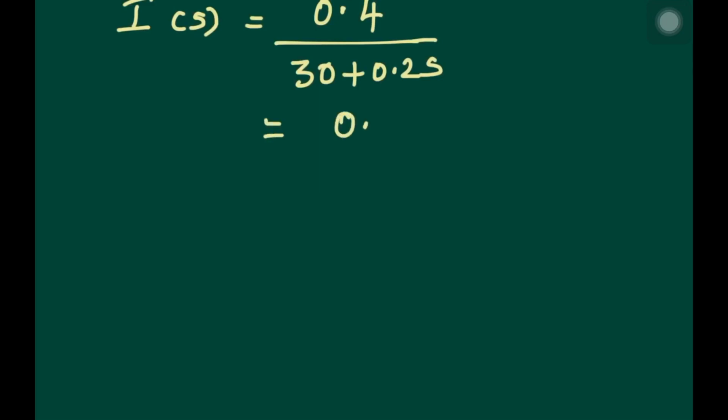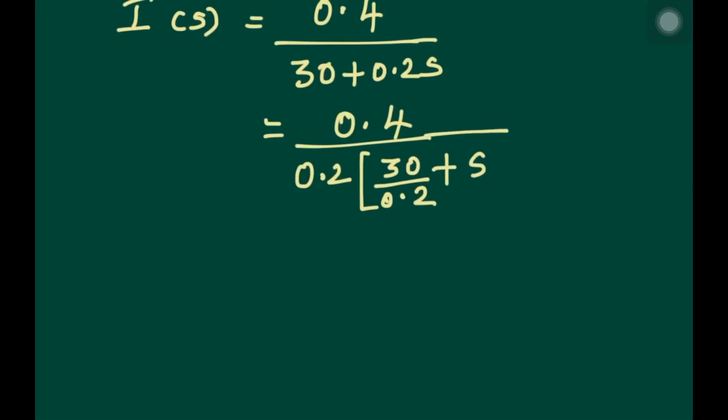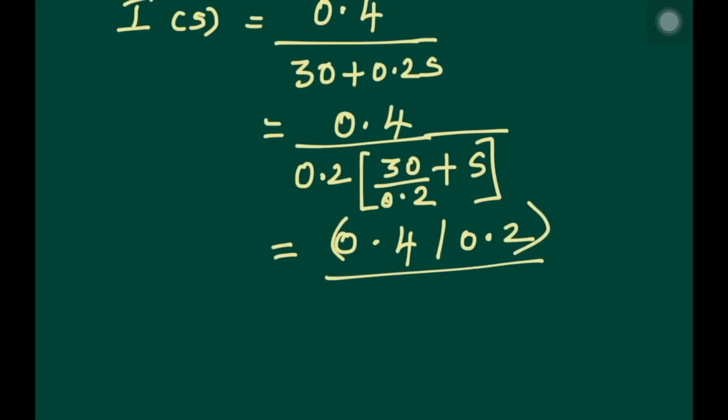So 0.4 divided by 0.2, the whole divided by s plus 30 by 0.2, and 30 by 0.2 will give you 150. So we can write it as s plus 150. This is the expression for current in S domain.